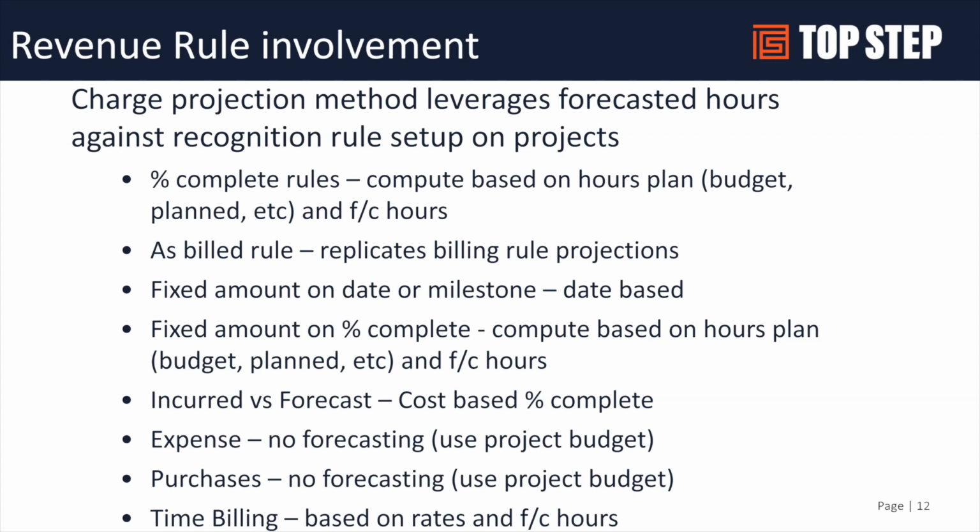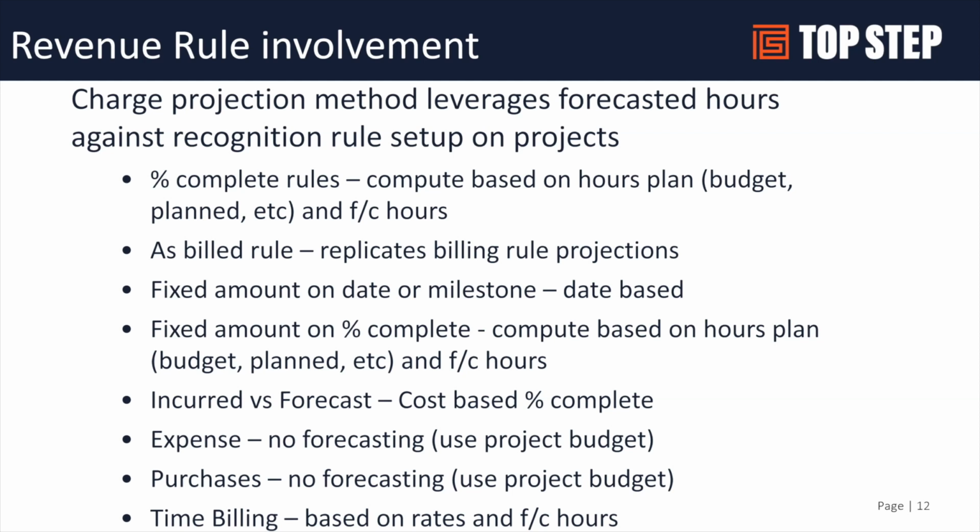Taking that percent, it will then calculate a forecasted amount of dollars. So it's replicating a percent complete calculation based on those future values and your denominators of planned hours or budget hours, and calculating a future value there.